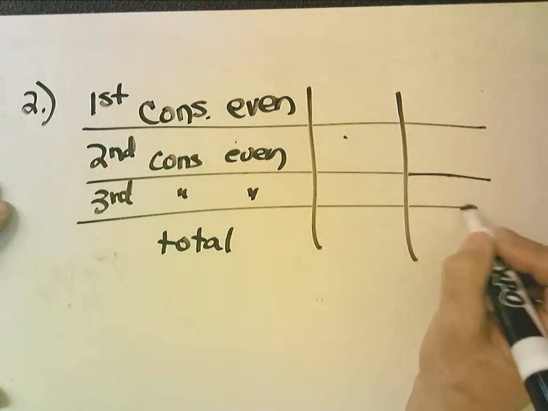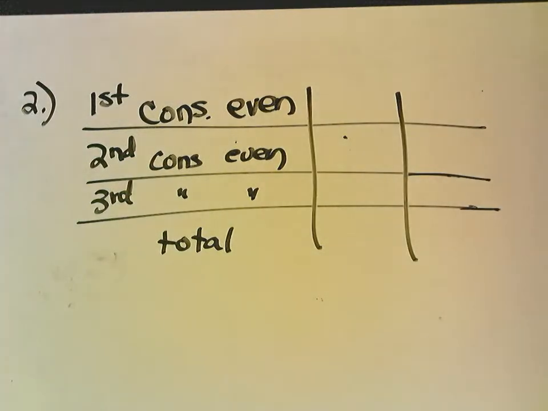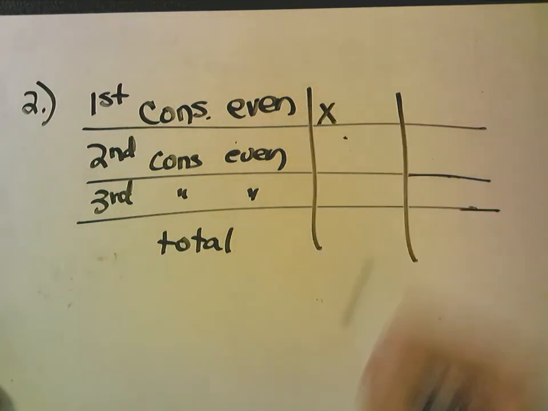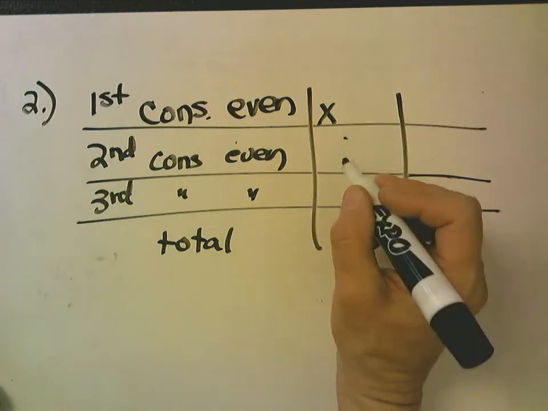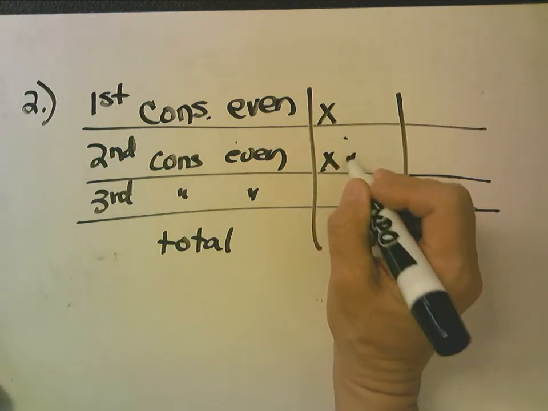Now, when I think about consecutive even integers, I think about 2, 4, and 6. So, what do I have to do to 2 to get to 4? I add 2. What do I have to do to 2 to get to 6? I add 4. So I know if I let this be x, my second consecutive even integer would be x plus 2.